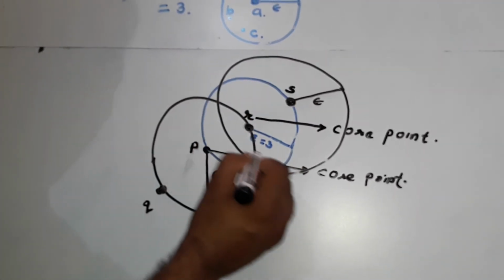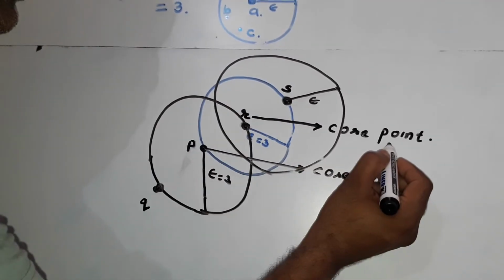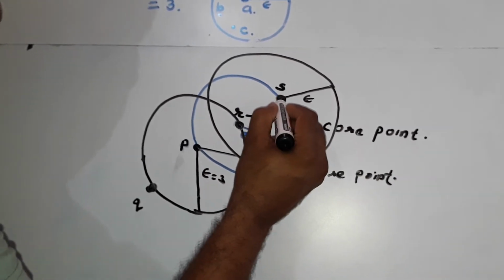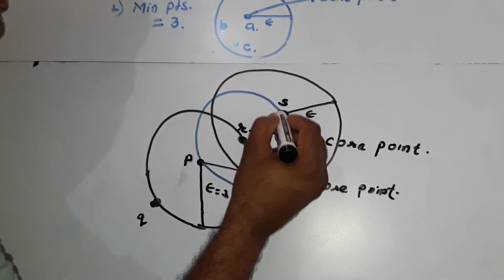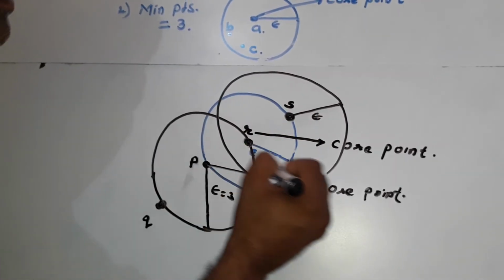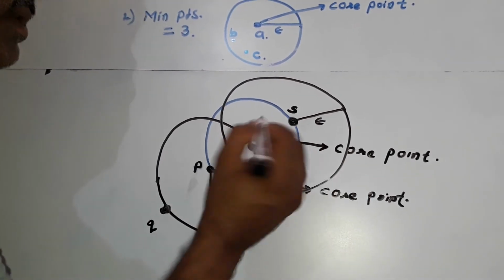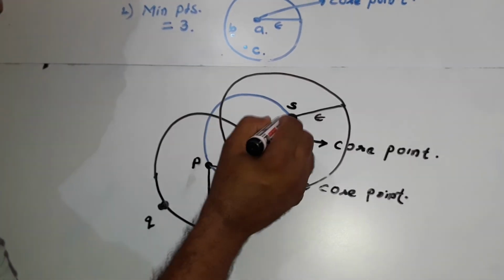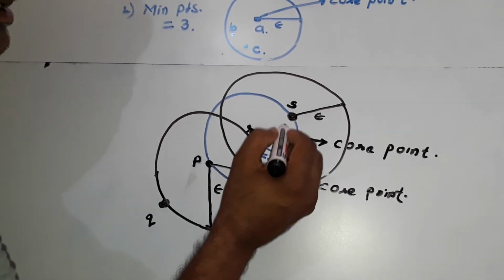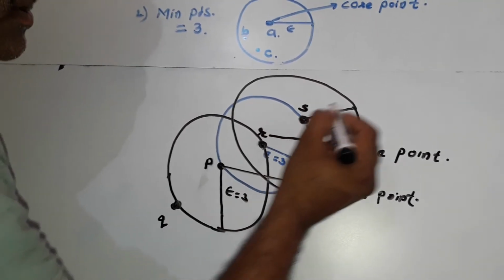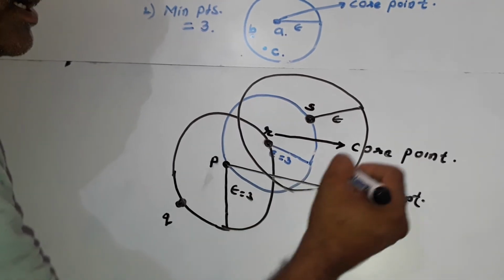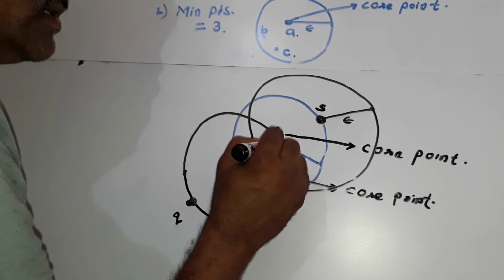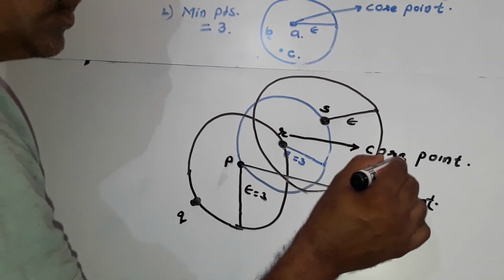As we can see over here, R is a core point, right? And I cannot call S a core point because the minimum should be 3 within the vicinity of the circle. So can I call S a boundary point then? Yes. Because S is not a core point, as we don't have 3 data points within the vicinity, but the data point present within the vicinity is a core point.